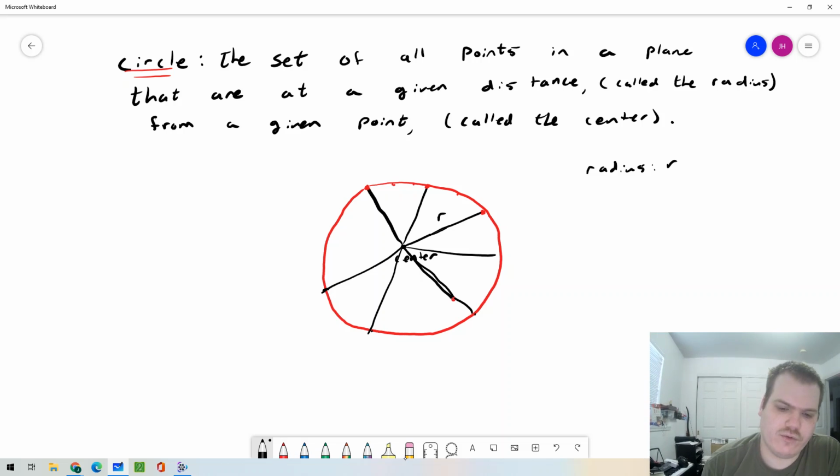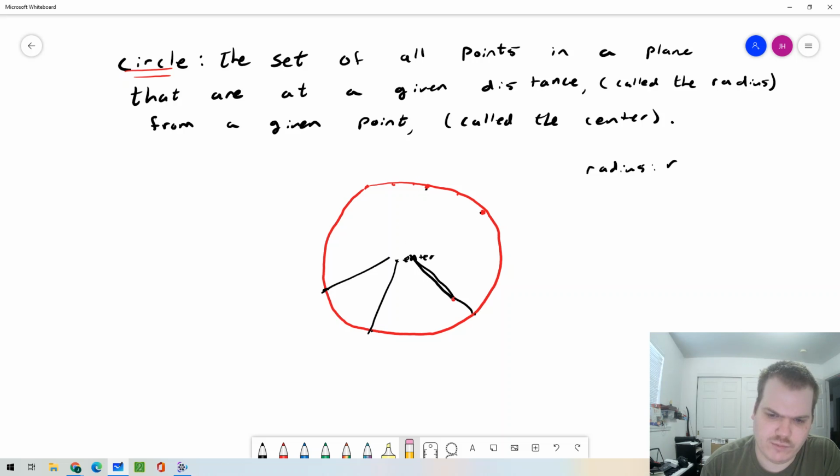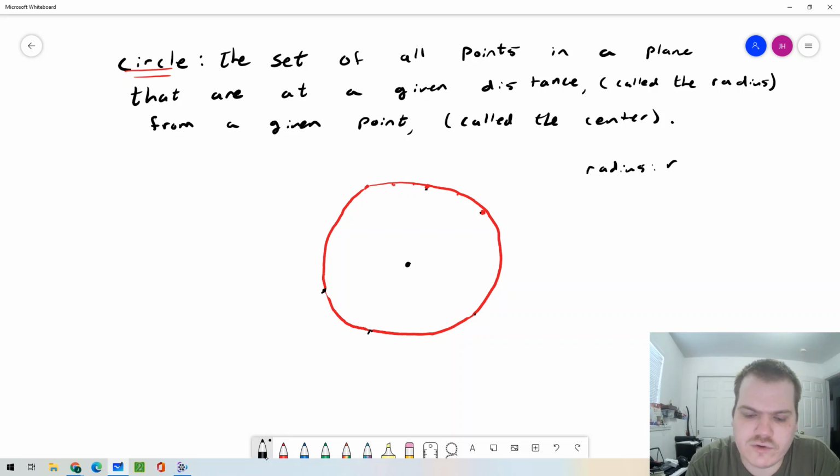And if we get rid of this stuff in the middle, that's generally what we would think of as a circle. It's this round, circular shape. But from the definition, we know that each one of these points is of equal distance away from a given point, which is right there at my center. Now the center, again, is not part of the circle.